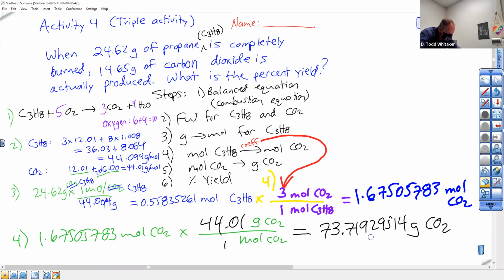I've got, what does this represent? If you burned all of the 24.62 grams of C3H8, you would get this many moles of CO2, theoretically, which is equal to this many grams of CO2. Theoretically, these are both theoretical yields.